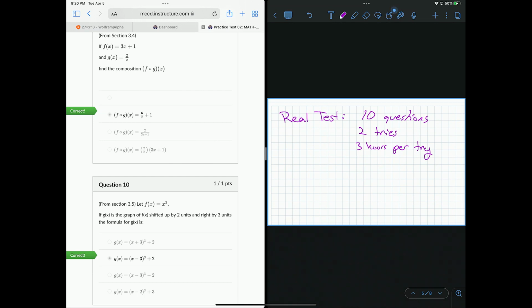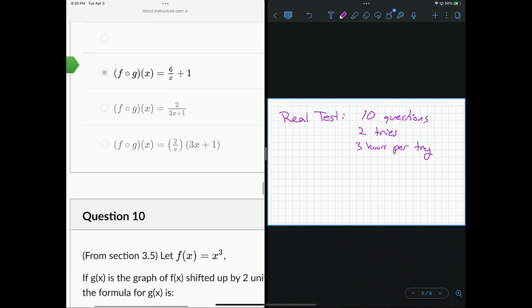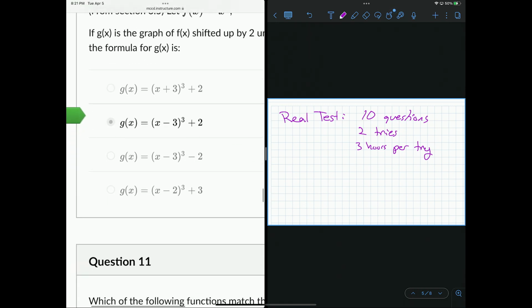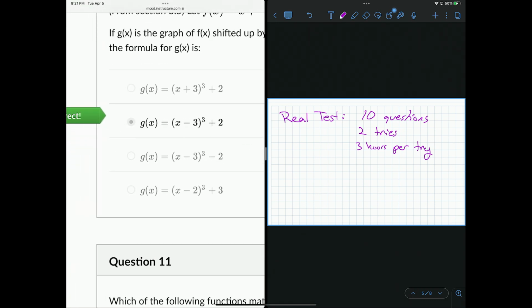The order of the answers might change, right? So if the correct option was in spot number 2 here, let's say choice B, in your second try, it might not be choice B anymore. It might be choice D, but that doesn't matter. The answer itself will be the same.